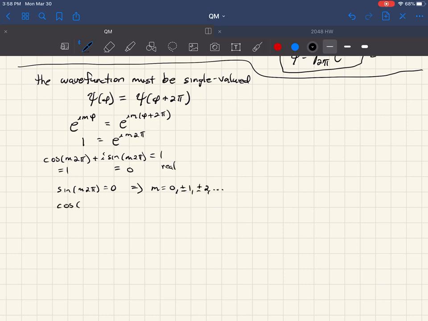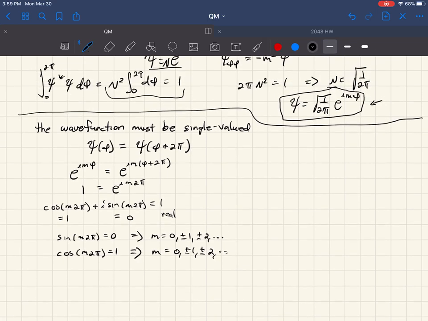Cosine of m 2 pi, well, this is supposed to be equal to 1. And it will equal 1 when the argument is equal to 0, 2 pi, 4 pi. And that happens when m is equal to 0, plus or minus 1, plus or minus 2, and so on.